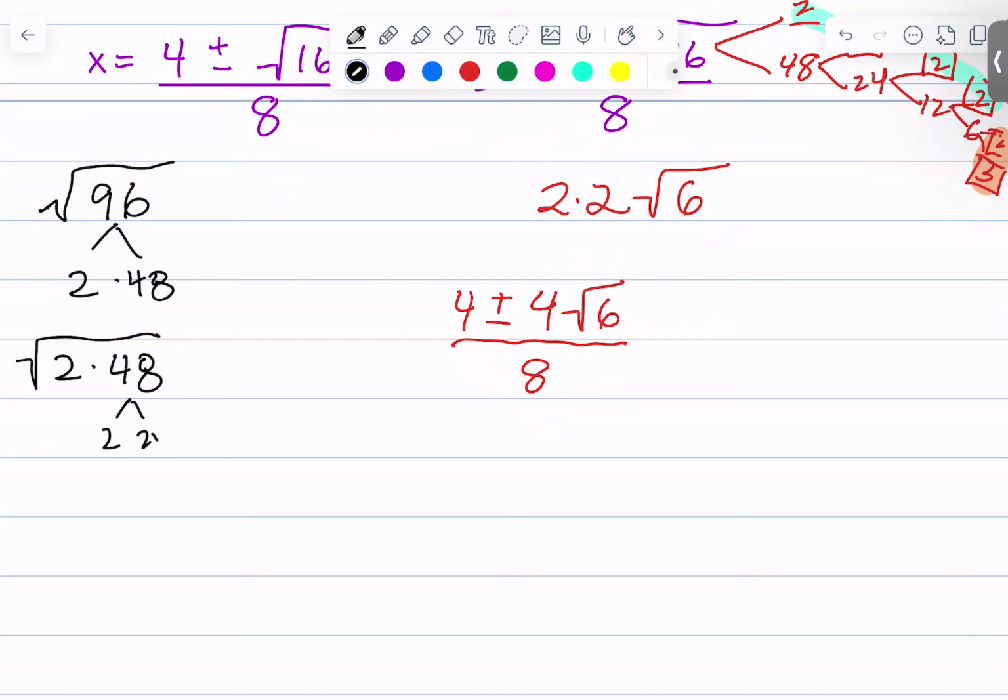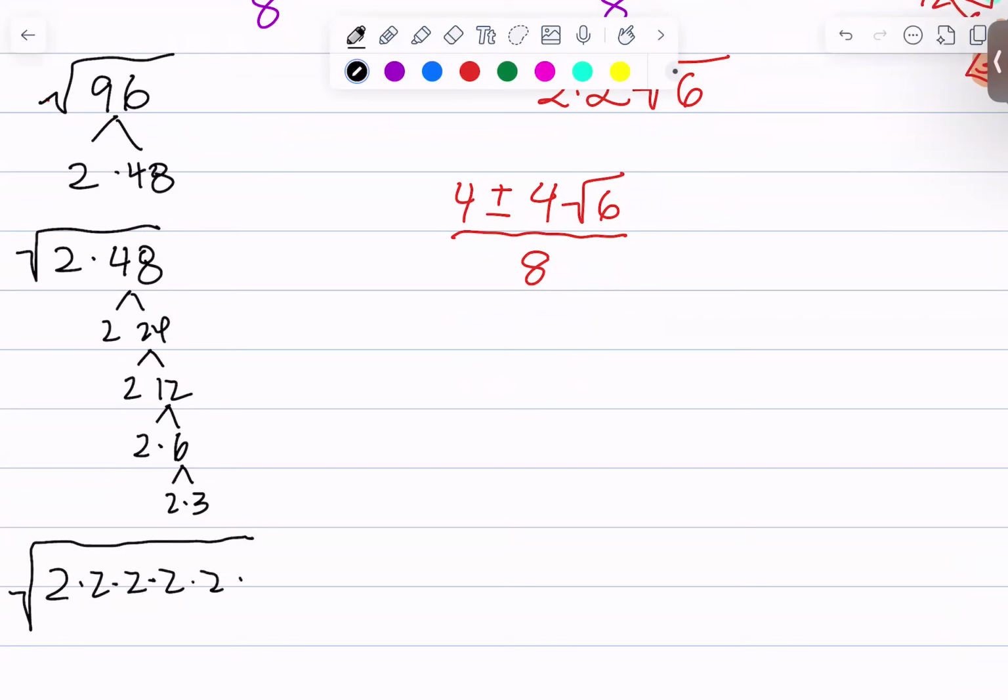We can go 2 and 24. 24 is 2 and 12. 12 is 2 times 6. 6 is 2 times 3. So we can rewrite this as 2 times, how many 2's do I have? 1, 2, 3, 4, 5. 5 2's times 3. So I know 2 times 2 times 2 times 2 times 2 times 3 equals 96. So this whole thing has the same value as the one on top, square root of 96, correct?